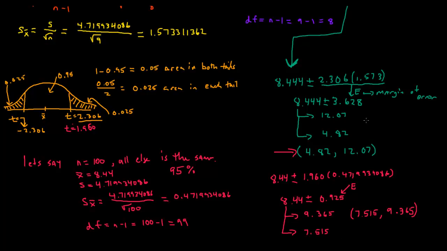That is, we went from a margin of error of 3.628 to a margin of error of 0.925, and that was due to increasing the sample size to 100 from a sample size of 9. Okay?